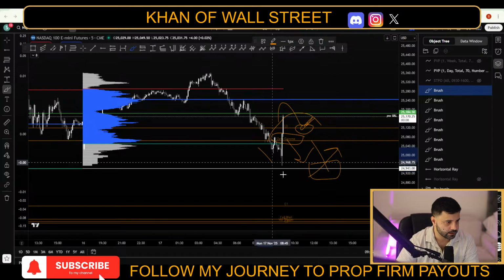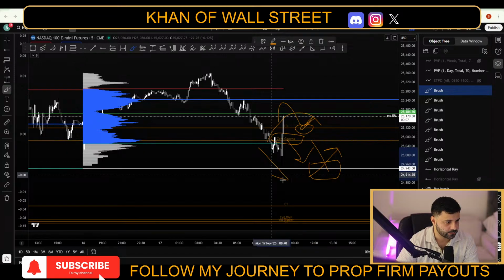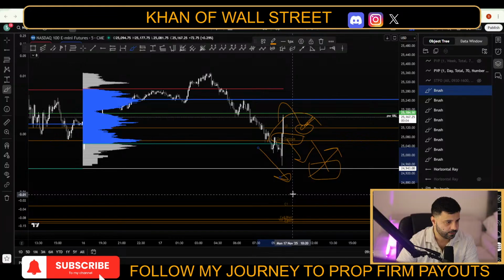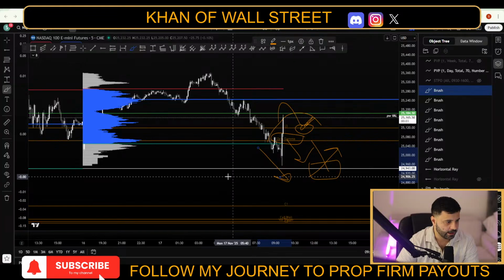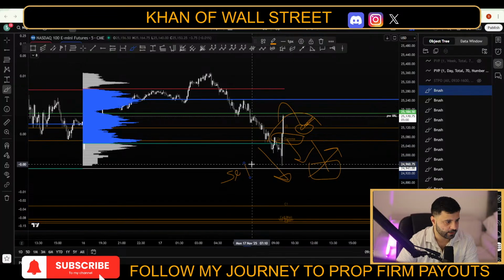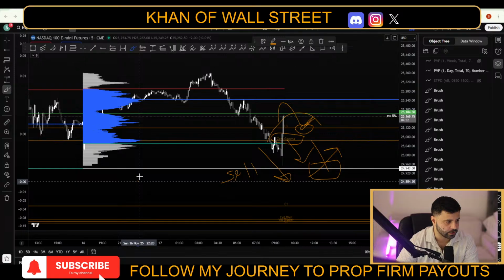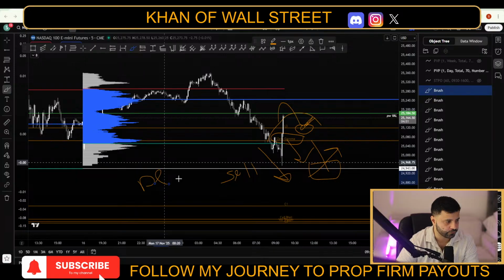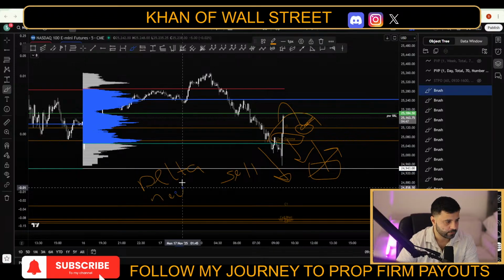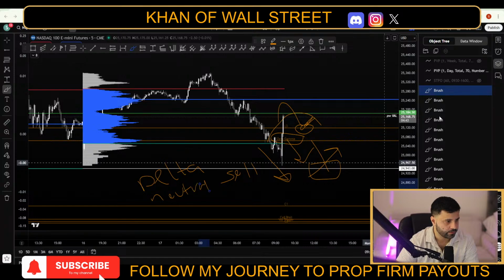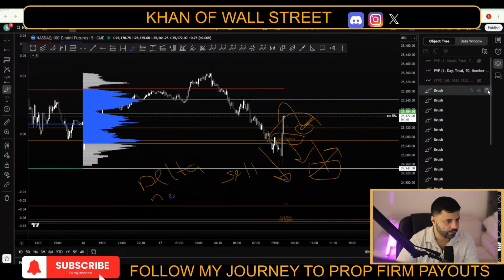So if the market is starting to sell off, they have to sell futures contracts to hedge that position, because a market maker's job is to stay delta neutral. That's their job.